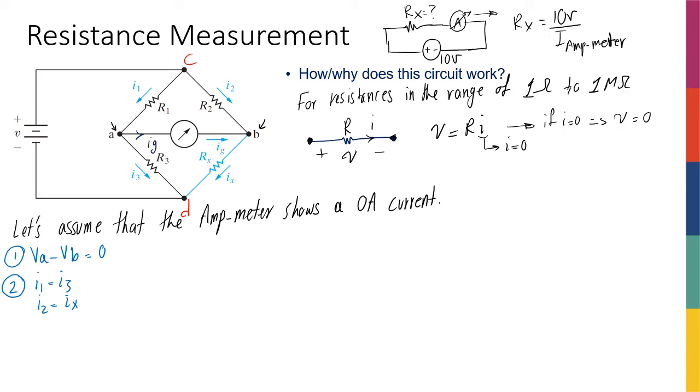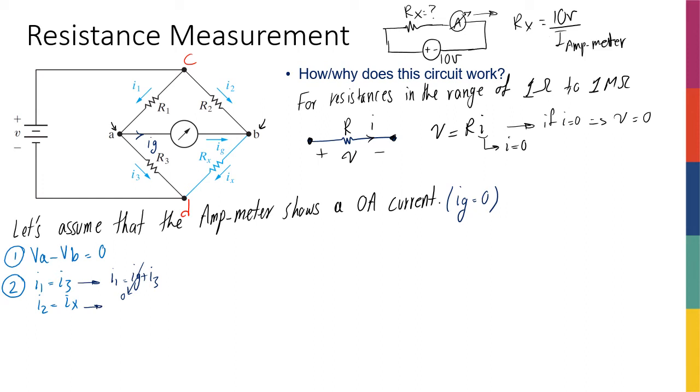So I know that I1 is coming in and IG and I3 are going out, but now we know that IG is equal to 0. This is the assumption: the current that the ammeter is reading for us is 0. So I1 is equal to I3.